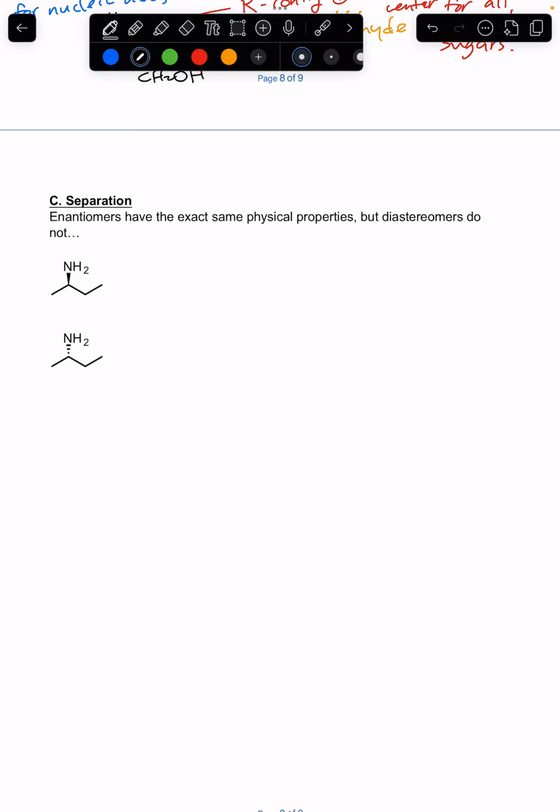And that is that you make a diastereomeric salt. So if you add to this a particular enantiomer, like lactic acid, which of course has that one chiral center.